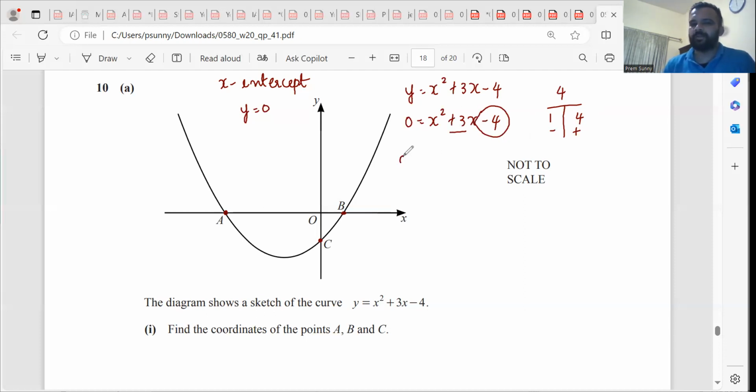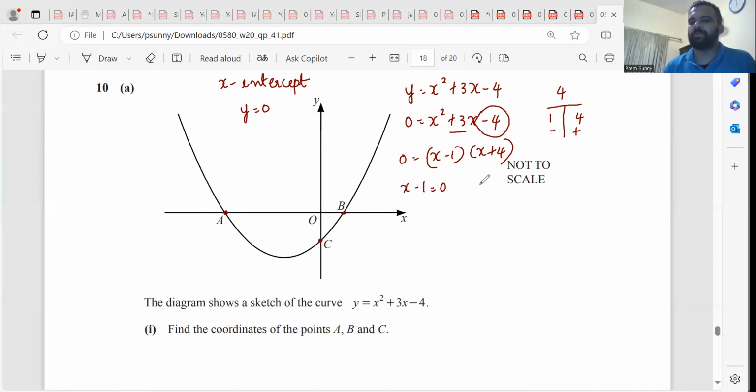So I can write x squared plus 3x minus 4 as x minus 1 into x plus 4. Equate each factor to 0 separately.